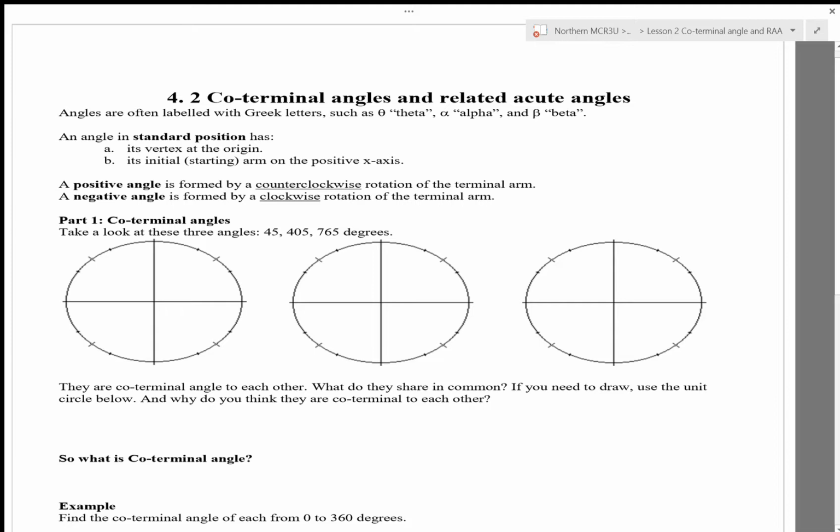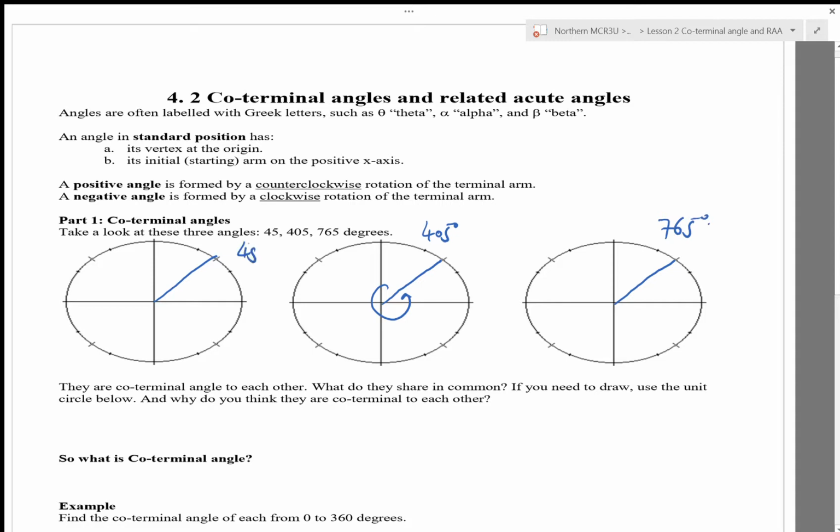Now, when you are looking at coterminal angles, first we need to know what a coterminal angle is. I already explained that to you in the lesson. A coterminal angle is an angle that gives you the same trig ratio as a reference angle, per se. So in this case, if you look at 45 degrees, and 405 is actually another line. This is 405 after one full rotation. And then 765 is the same angle after two rotations, right?